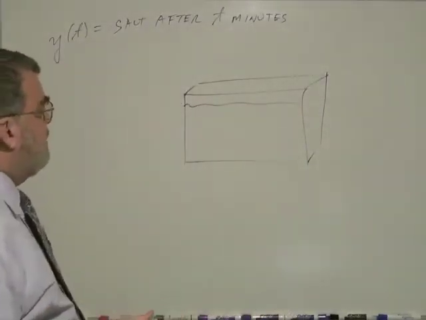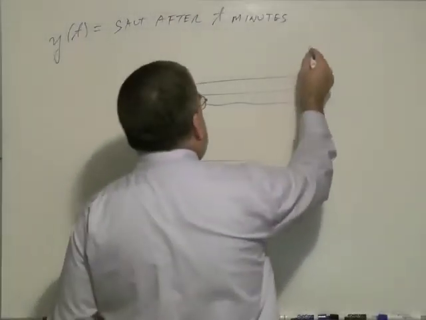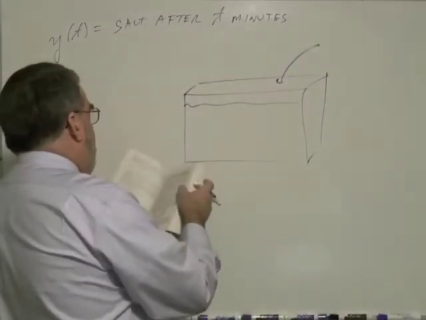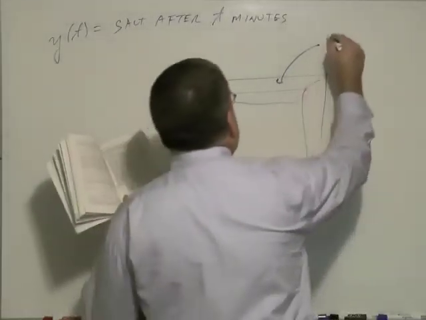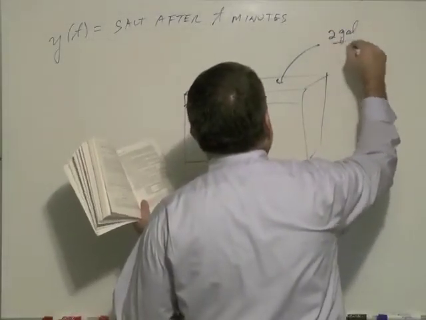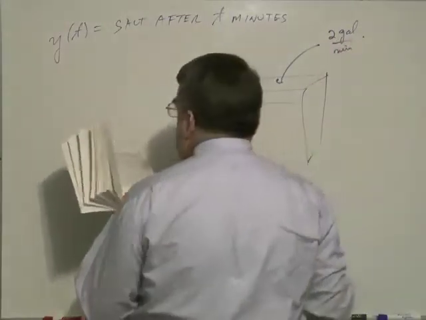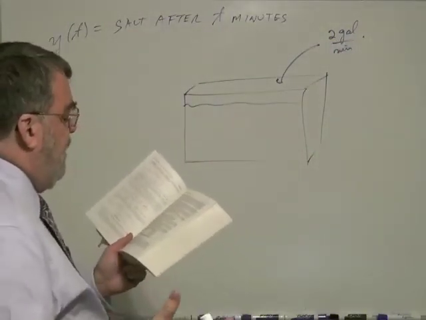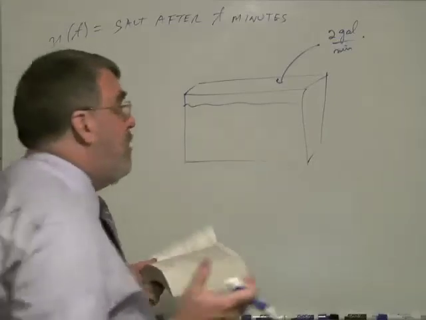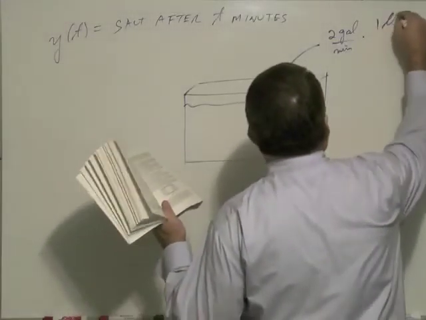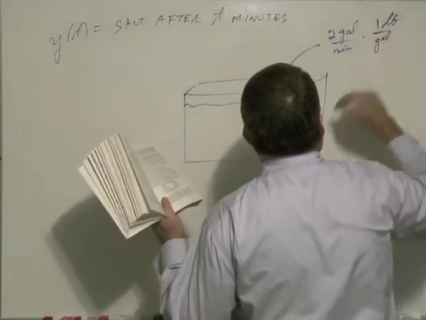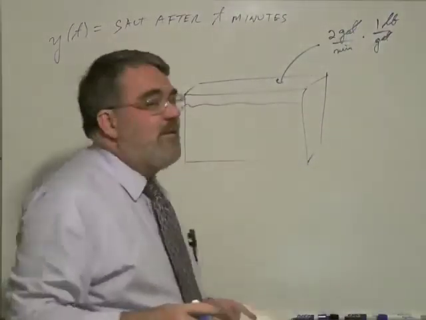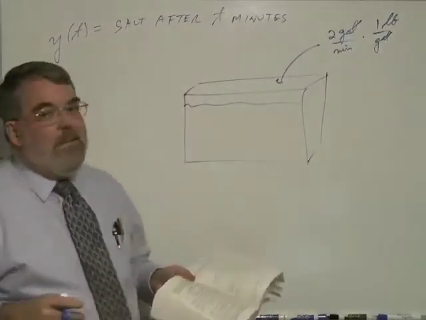We'll deal with that in a minute. But water is pouring in at 2 gallons per minute. And the concentration of that water, or they call it brine, is 1 pound per gallon. So in terms of salt, the salt is flowing in at 2 pounds per minute.